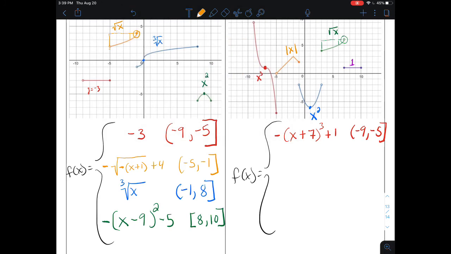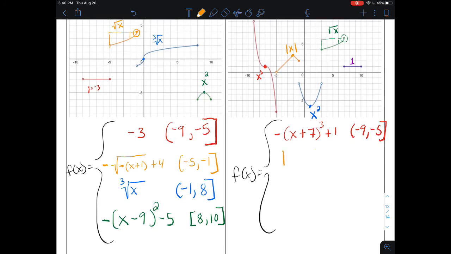Then we go to the next function, which is the absolute value. I identify the transformations of the absolute value based on where the pointed area is, or the elbow. So I'm going to pre-make the absolute value, put x inside of it. Absolute value should open upward like a V does. This one opens downward, so I've reflected it. That V should have been at the origin, but it's not. It is at -2, 3.